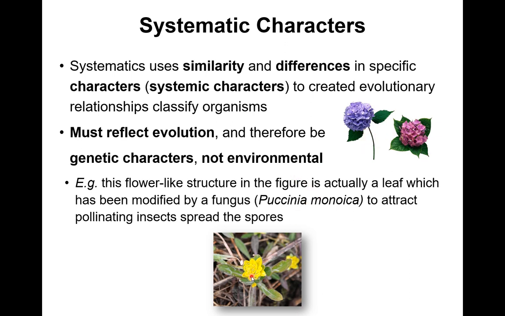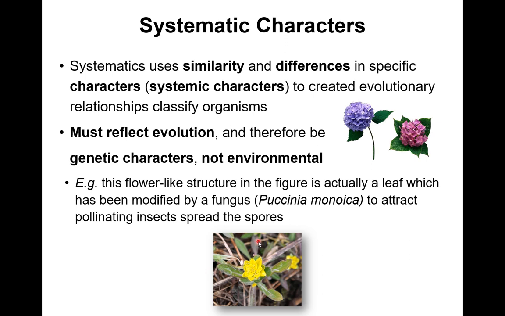Similarly, this example here, if you look at this, wow, these look like beautiful flowers. If you start spending time studying this, you're actually misled, because this is another example of an environmental type of character. This is a flower-like structure.